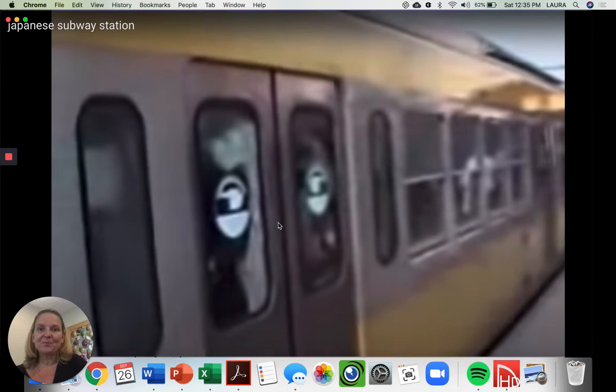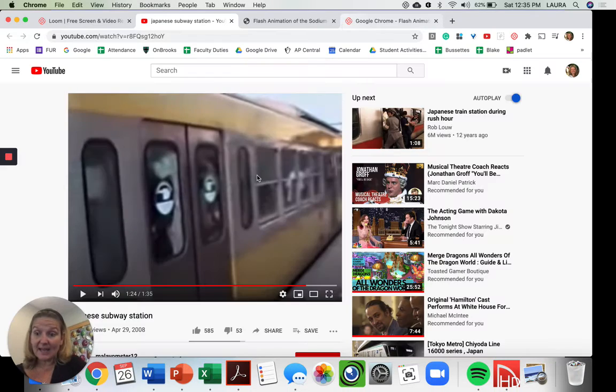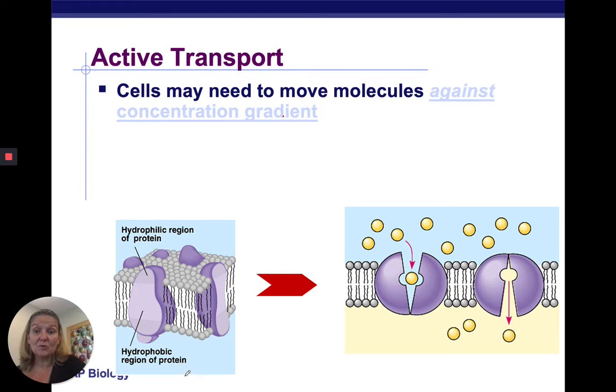So I like that animation or video because I think it shows what's happening in cells that are pushing something against the concentration gradient. That takes energy. So the guys who are the pushers, think of them almost like the transport protein, they are using energy to shove people into that space that already has a ton of people in it.